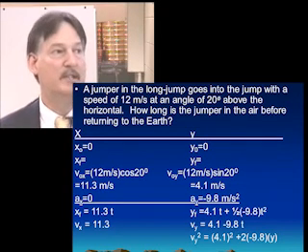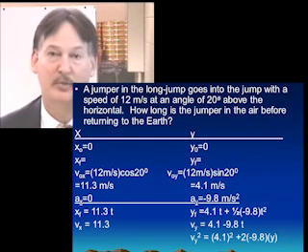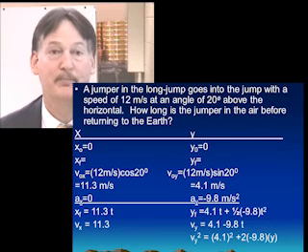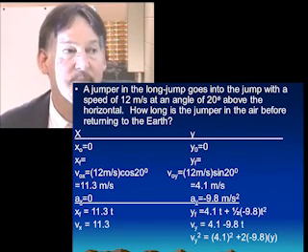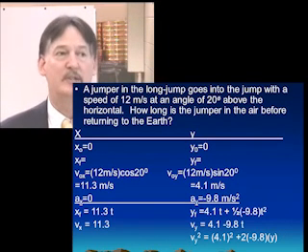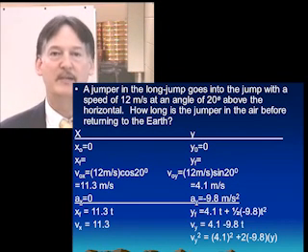But recall that I said that the final position of the jumper was at y equals 0. So in fact, in this equation right here, we could put in 0 for y final, and the only variables left are the time t, as well as t squared, as you can see. And we could solve that equation for the time.